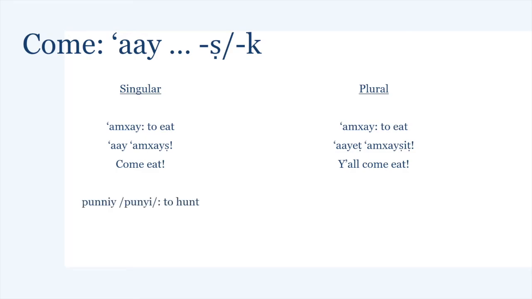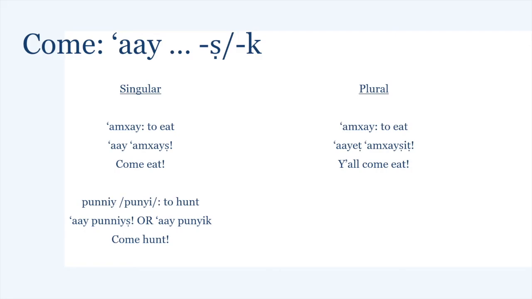Now if we want to say, let's say to hunt here. Now I think you can see at the top of the slide there's a K at the end. It says dash K. That is an alternative. So you can say I bunish or I bunik for to come hunt. As you can see, when we say I bunish with the S, you don't need to add the underlying form.